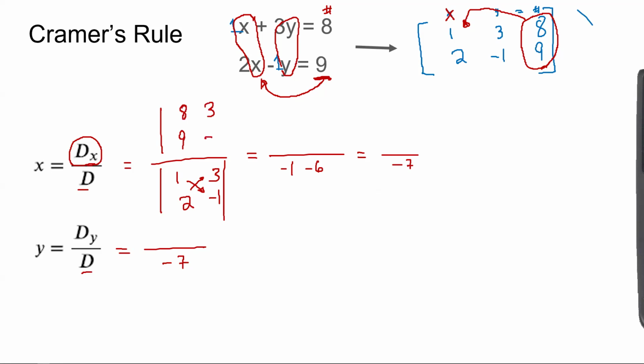Here is the one like it started out, the 3, -1. And I take the determinant again. So 8 times -1 would be -8 minus 27. I believe that is -35. And -35 divided by -7 would be +5. X is equal to +5.